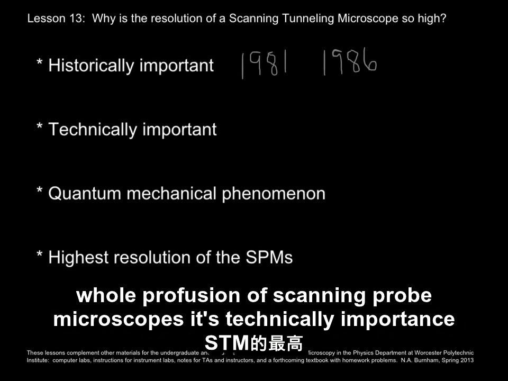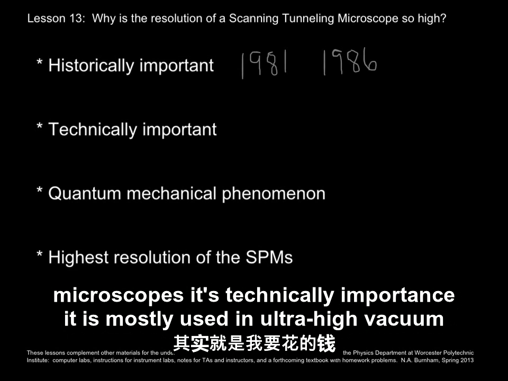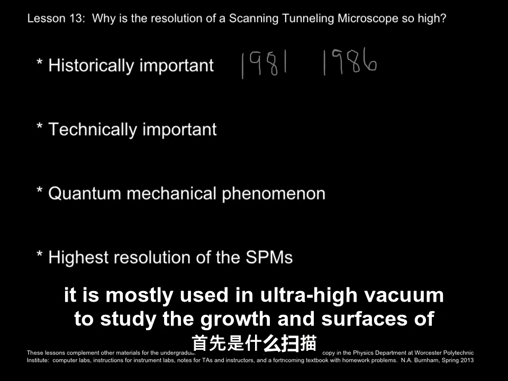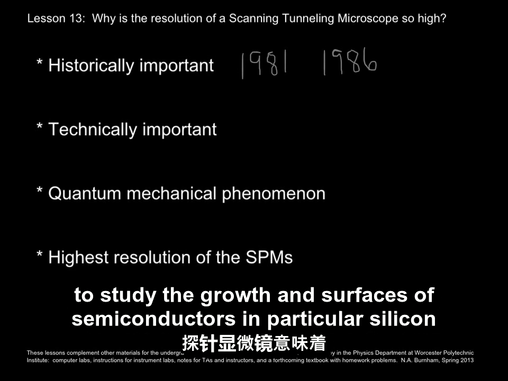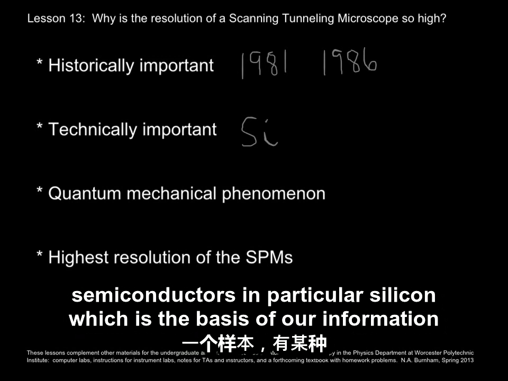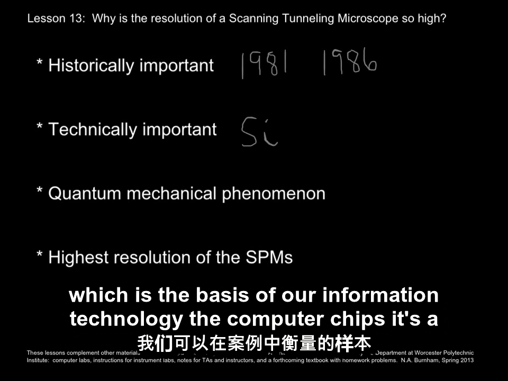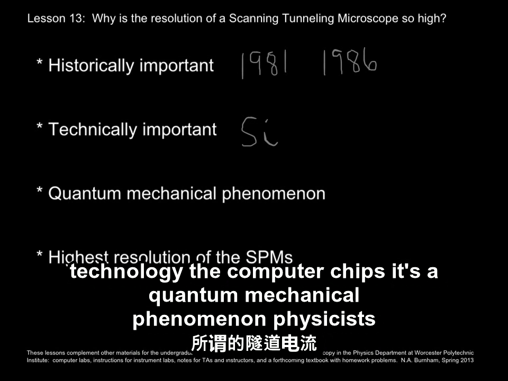It's technically important. It is mostly used in ultra-high vacuum to study the growth and surfaces of semiconductors, in particular silicon, which is the basis of our information technology via computer chips. It's a quantum mechanical phenomenon.